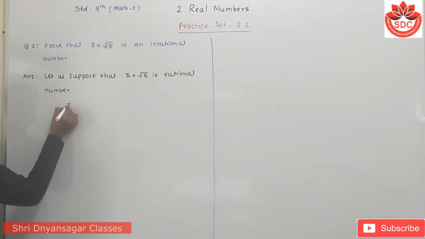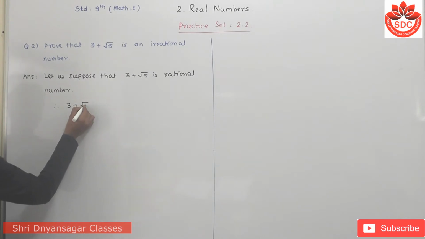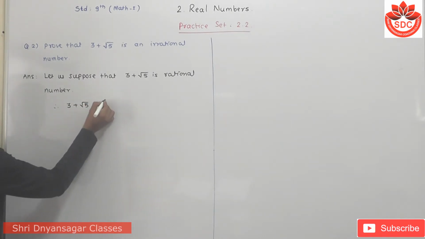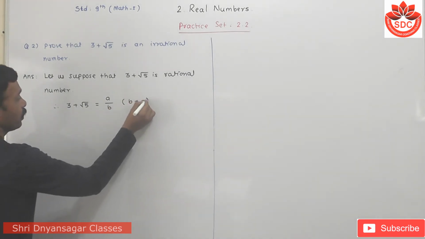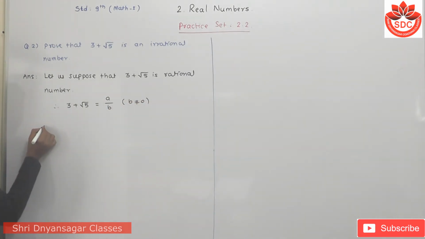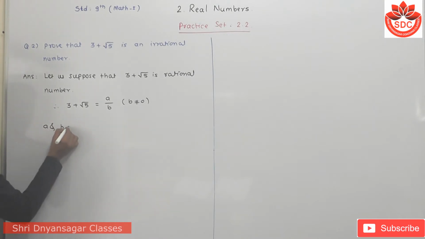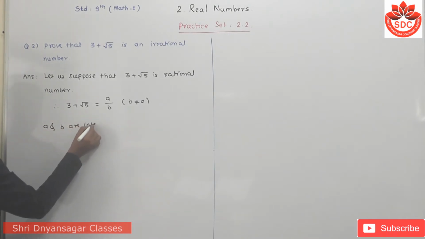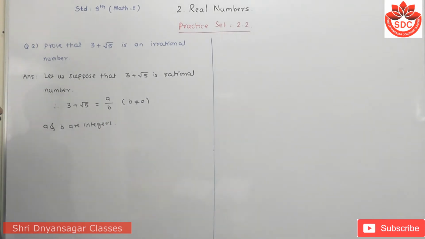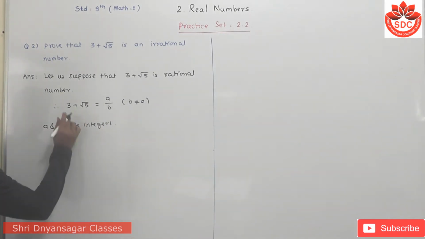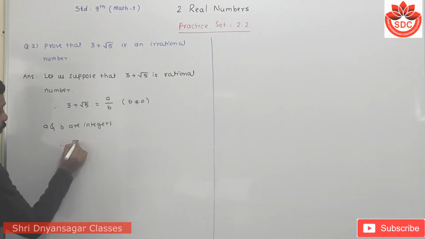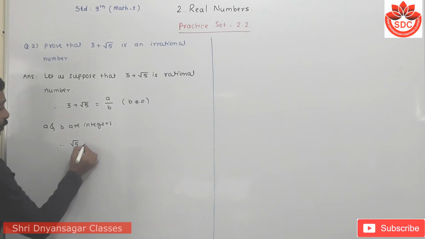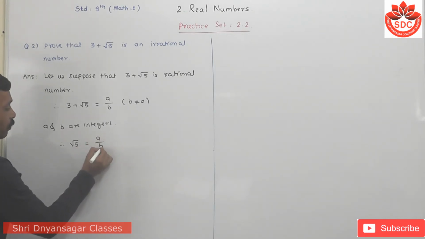So I will write here 3 plus root 5 is equal to a upon b, where b is not equal to 0 and a and b are integers. Therefore I have to take this equation in such a way that this plus 3 is transposed to the other side and converts as minus. So I will write root 5 is equal to a upon b minus 3.